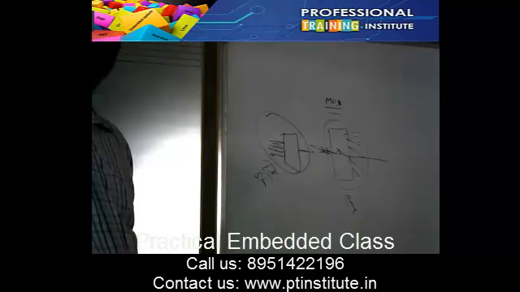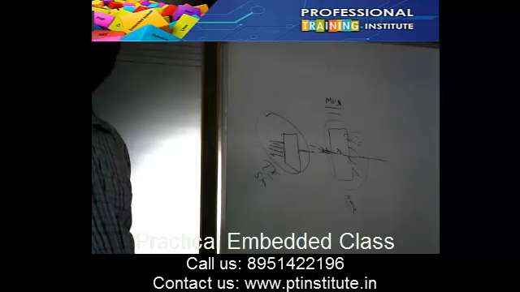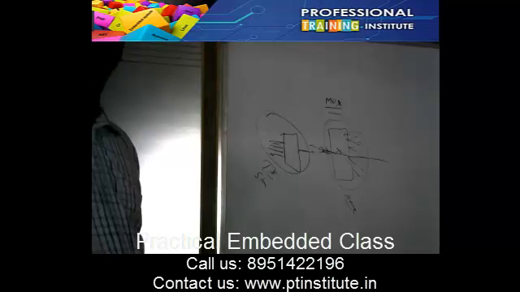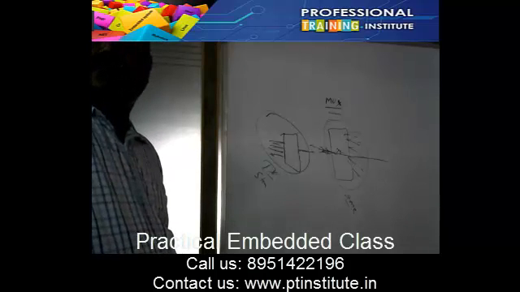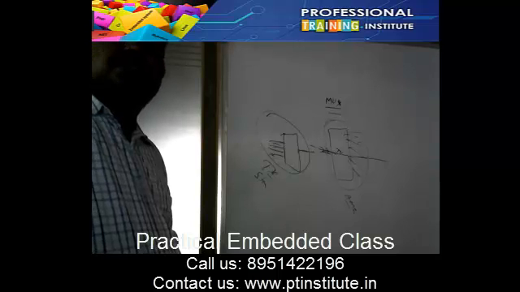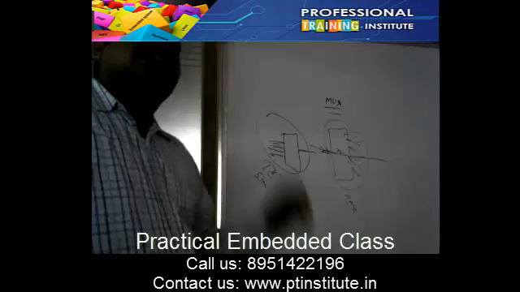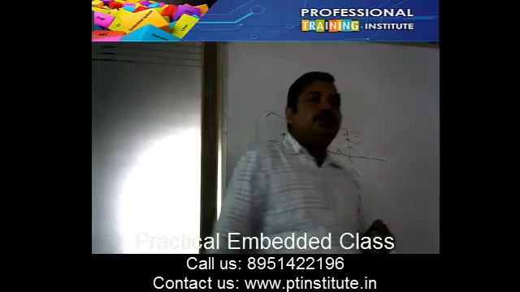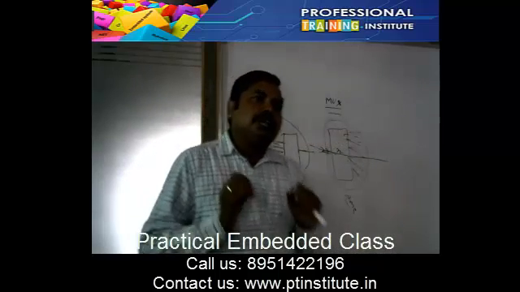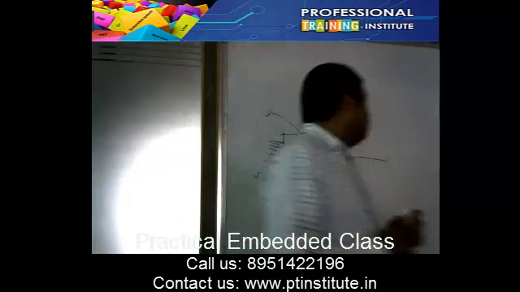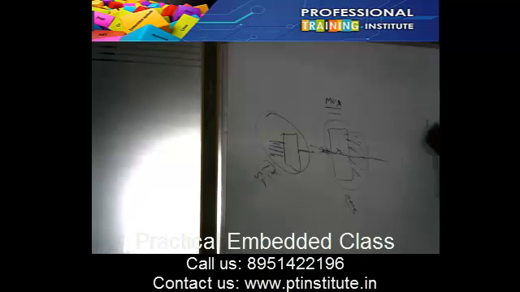How? That is what I am saying: what output are you expecting in a demultiplexer? How many outputs at a time are you expecting? More than input. How is it possible?